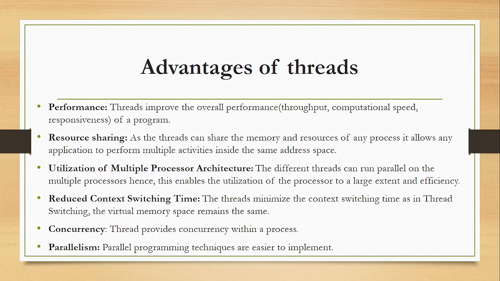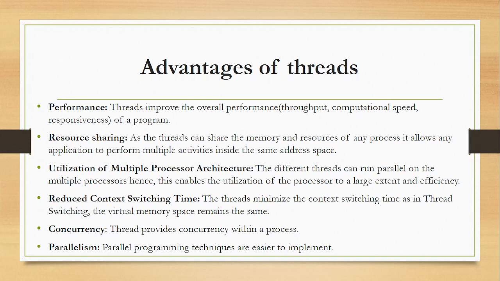That improves the performance, right? It also allows effective resource sharing. An operating system can allocate different resources to different processes, and it's the threads that will share these resources and allow the process to perform multiple activities or tasks within the same address space.